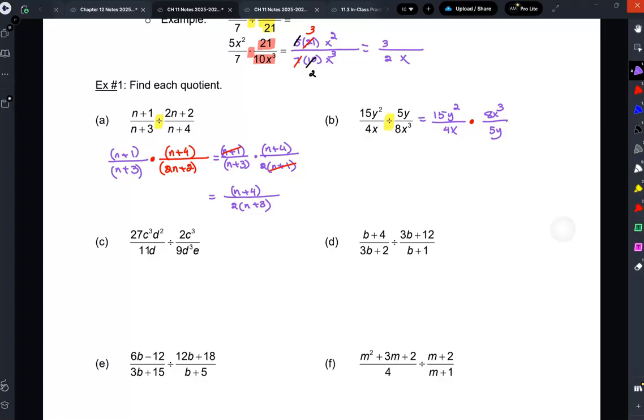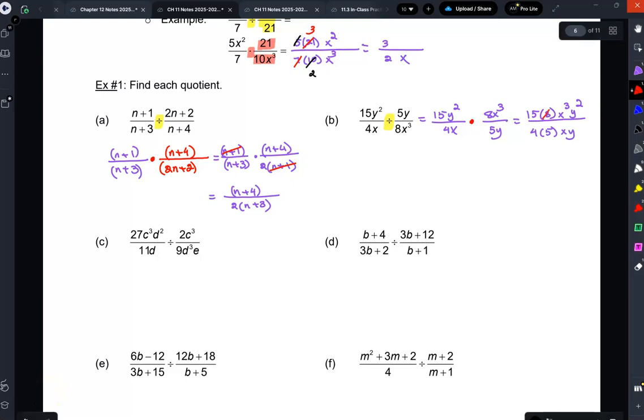Okay, if it's monomials, I like combining. 15 times 8, x cubed y squared, 4 times 5, xy. Okay, go ahead and reduce this. I'll give you 15 seconds. Go.